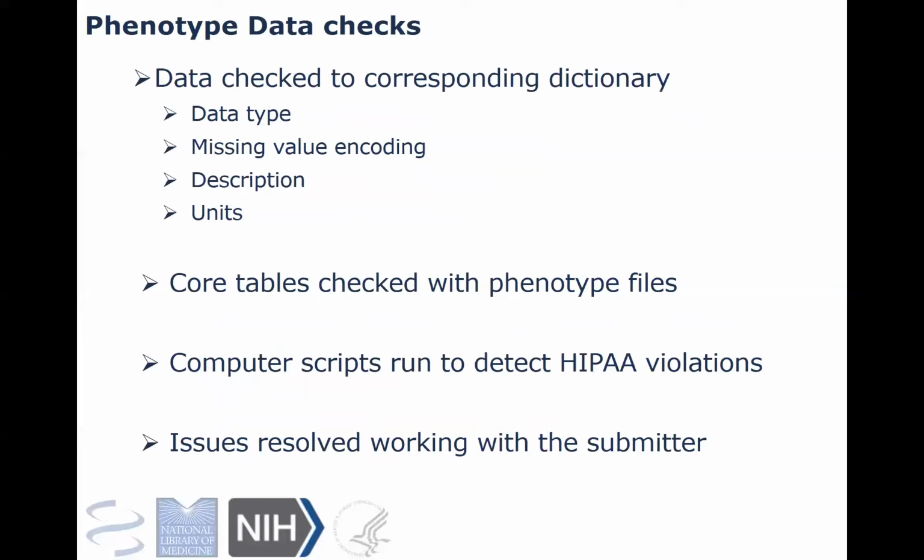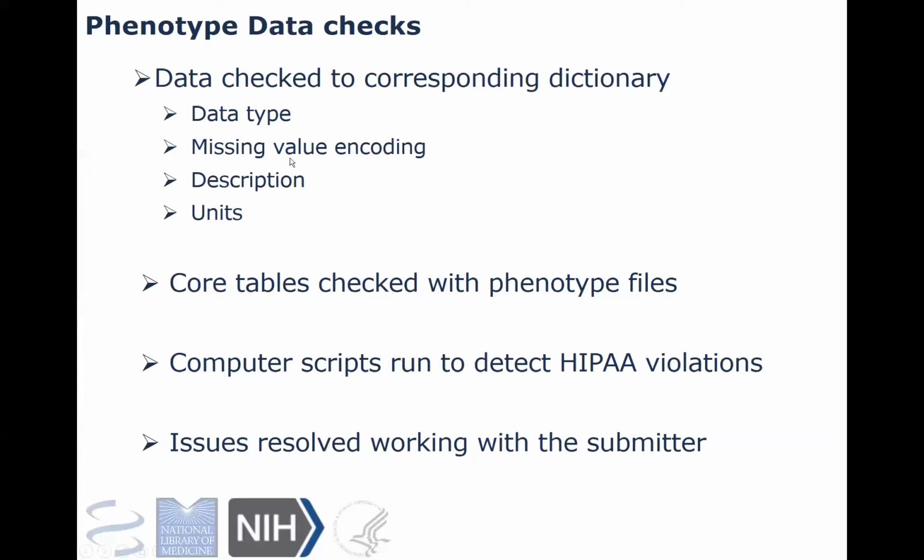When we're processing the phenotype data, the checking that we're doing is making sure that if, based on the description or the data type in the data dictionary, something should be an integer, and we see some text word, then we'll ask you what that is.